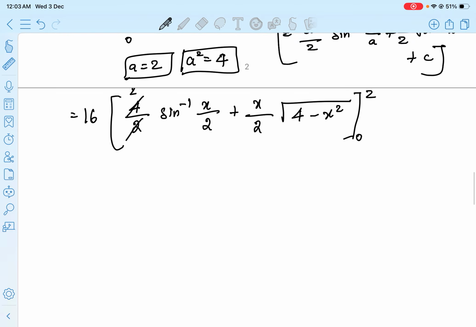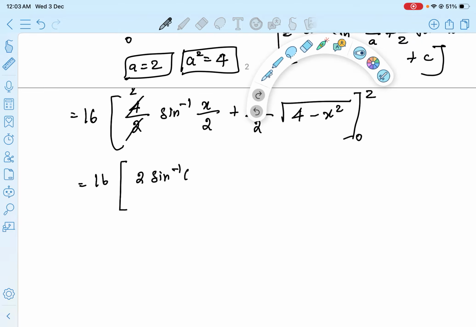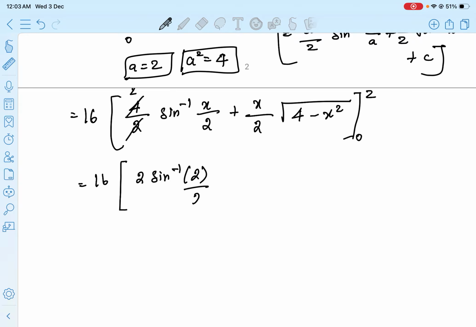So we have 16, 2 sine inverse of x; now I am going to substitute. For x it is 2 by 2, plus 2 by 2 root of 4 minus x square. x square is again 2, so 4, minus the lower limit.